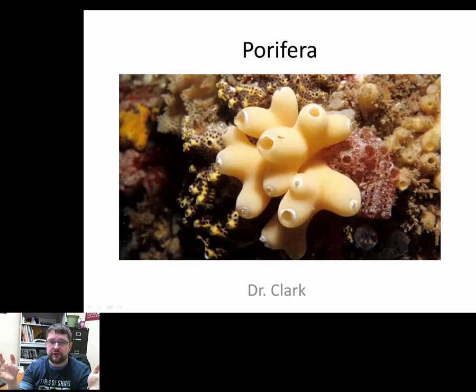And you'll see a lot of features in Porifera that are very similar to protozoa or the protista kingdom.